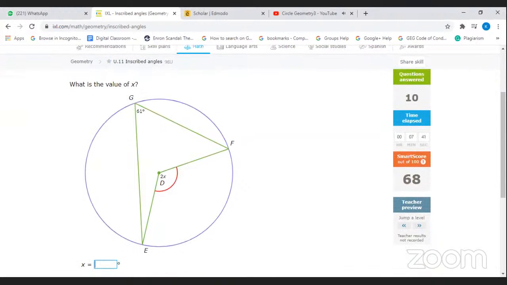Once you know the logic there, center 2x is 2 times circumference, 2 times 61. So the 2 here cancels the divide by 2. So x is 61.